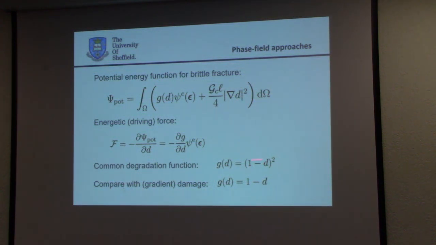The derivative is proportional to 1 minus d. So that means that when d equals 1, at complete failure, we have no slope, which is imperative because at that moment we don't want to have growth of the phase field anymore. Then you must have something that at some point levels off, and at the end of the process there is no growth, no slope.